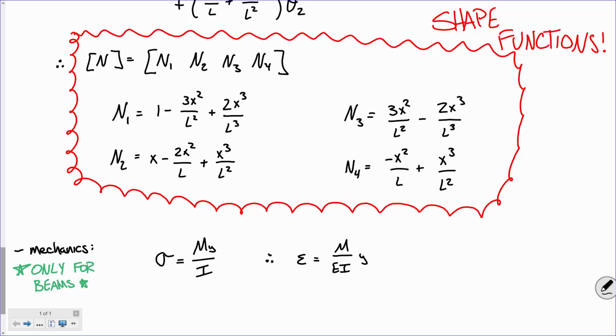Now, if you've had a class in structural analysis, M over EI is a very popular term in beam mechanics, and we say that M over EI is the second derivative of deflection.